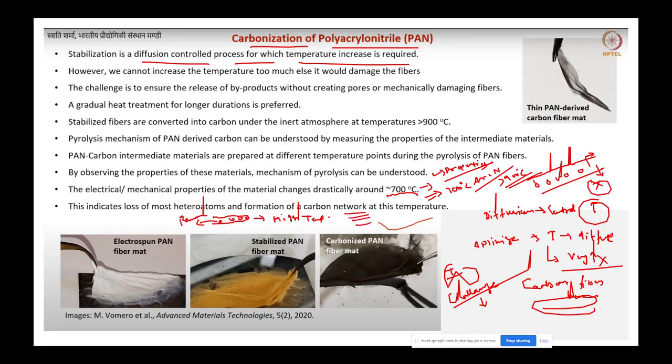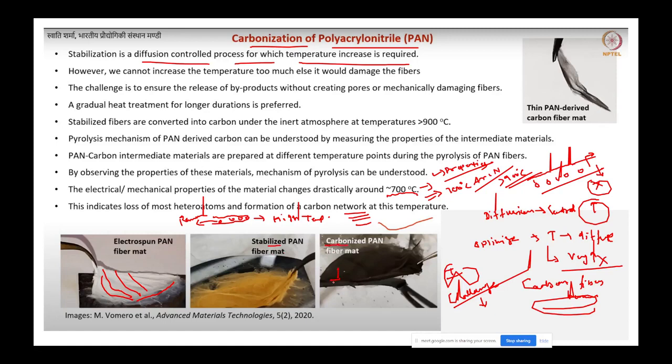In this image you can see a PAN fiber mat, which has formed so beautifully by electrospinning. This is the stabilized PAN fiber mat, and this is the carbonized PAN fiber mat.